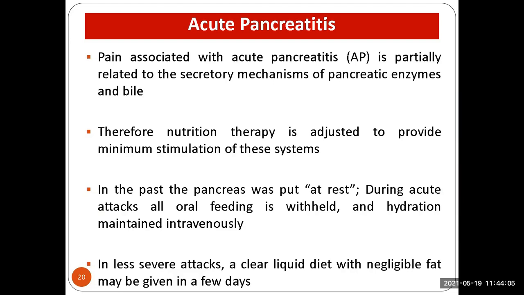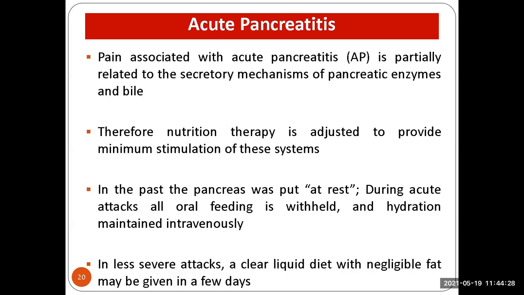Pain associated with acute pancreatitis is partially related to the secretory mechanism of pancreatic enzymes and the bile. Therefore, nutrition therapy is adjusted to provide minimal stimulation of these enzymes, because the more the production of enzymes, the more will be the pain.